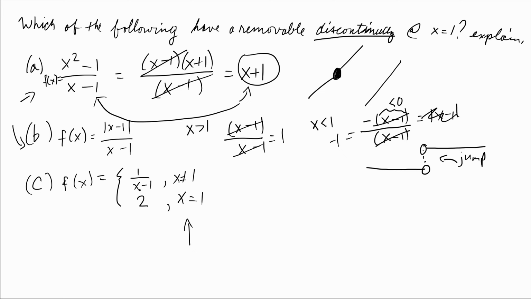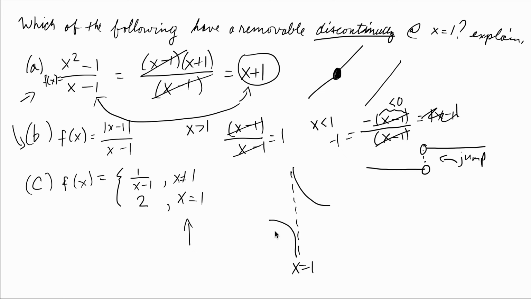Part C now, it's defined everywhere. Great. But the graph of 1 over x minus 1, when x is not 1, well, 1 would be an asymptote for that, right? It's just the graph of 1 over x shifted to the right 1. So x equals 1, and like this and like this.